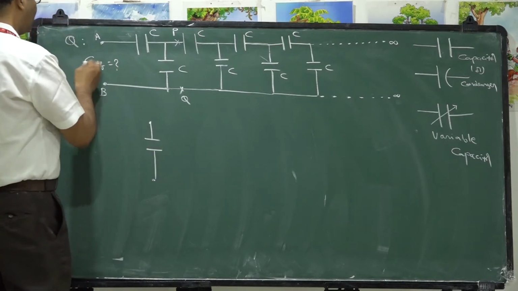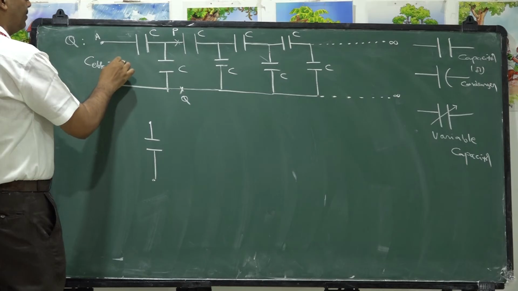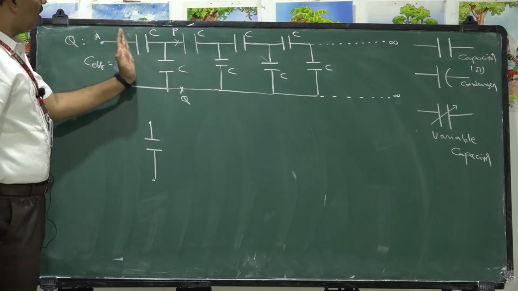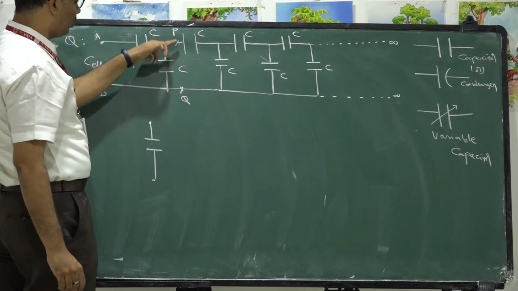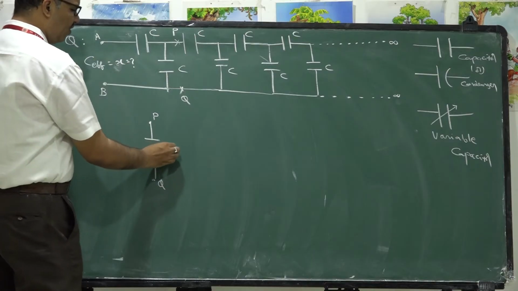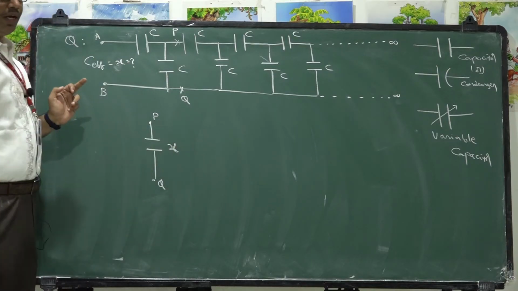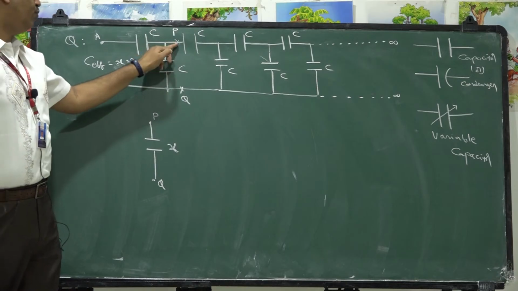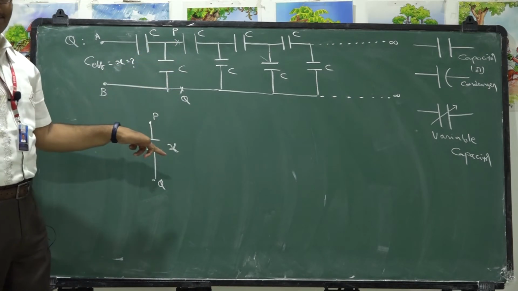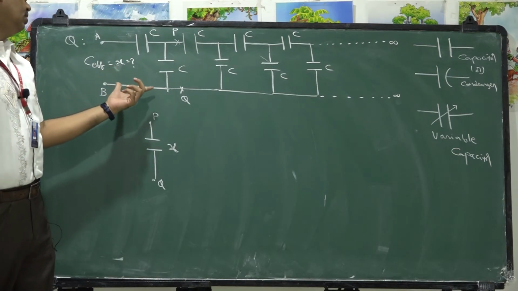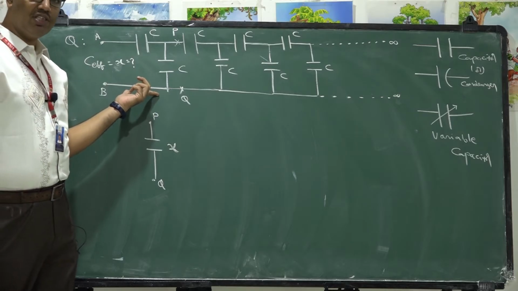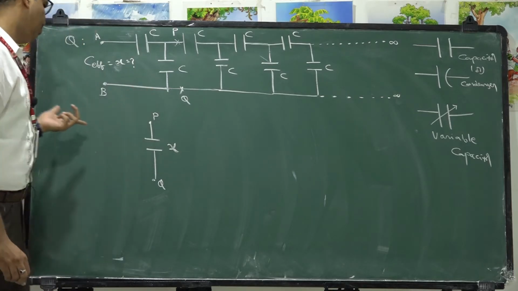Suppose the effective capacitance is X. Let it be X. Upon removal of this, if you find the effective capacitance between P and Q, again you will get the same X value. By the addition of this part and by the removal of this part, effective capacitance is not going to change.